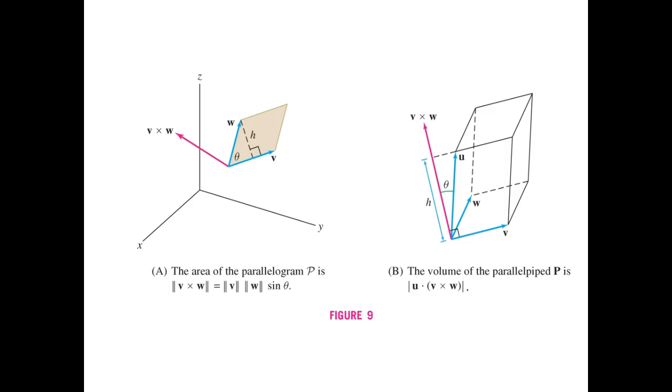Interesting. Now, how about the volume of a parallelepiped? That is going to be something a bit weirder. That's going to be U dotted with the cross of V and W. Okay.